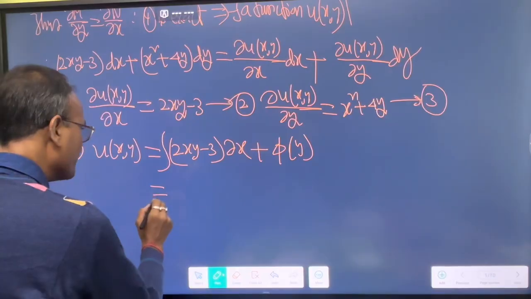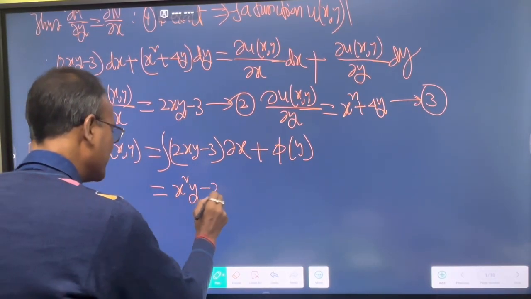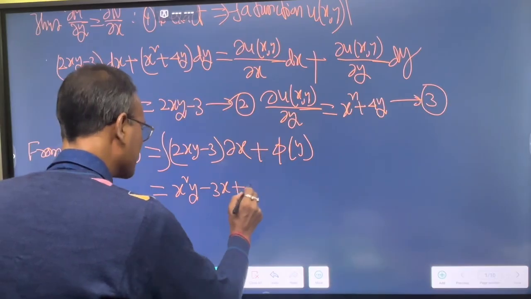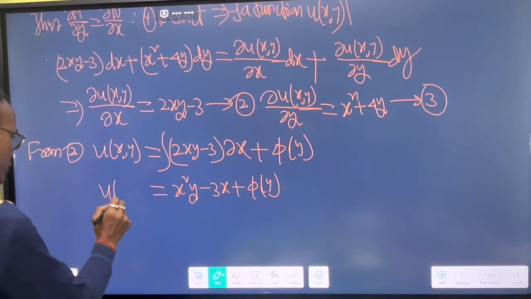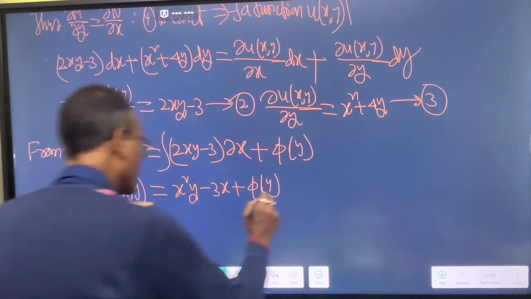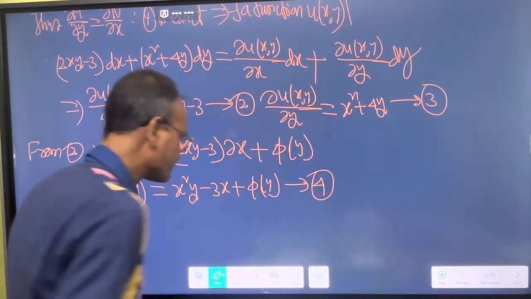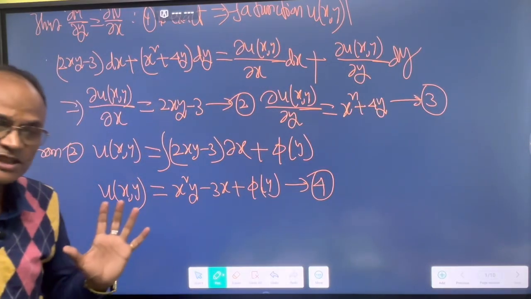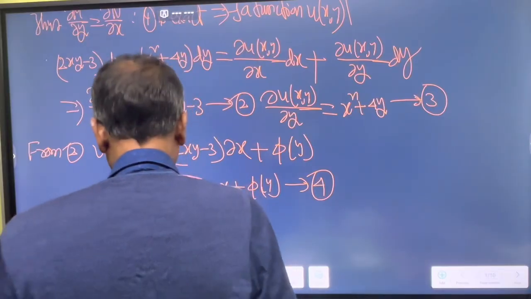This is equal to x square y minus thrice x plus phi of y. u(x,y) will be equal to this. Suppose this is number 4.